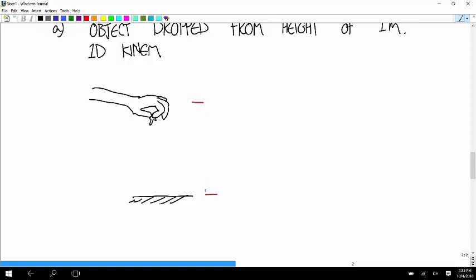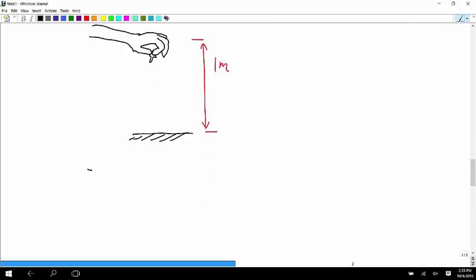That hand would have to be pretty big. The first thing we have to do in 1D kinematics is choose a time equals 0 instant, a time final instant, a position equals 0 location, and a positive direction.